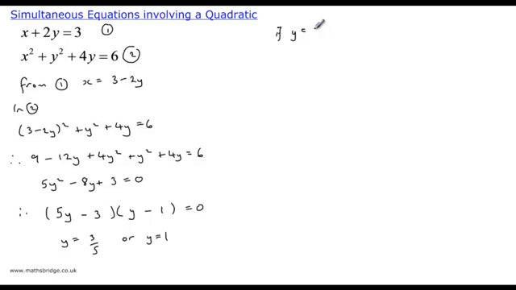I now need to consider both of these cases. So if y is equal to 3/5, I can substitute this value of y into equation number 1. And multiplying out the bracket and multiplying through by 5, I now get a value of x of 9/5.